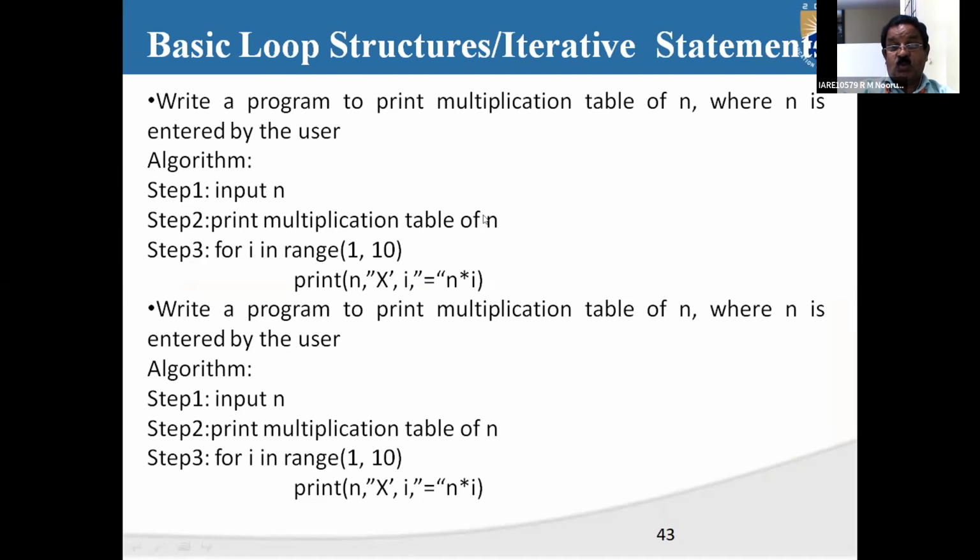You want to know for which number you are generating the multiplication table. Then you are using the for statement. What is the general syntax of the for statement? For control variable in range. Here you have made use of for i in range 1, 10. So the starting value will be 1 and the ending will be 10.